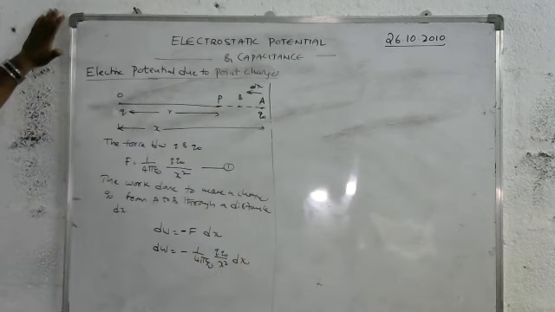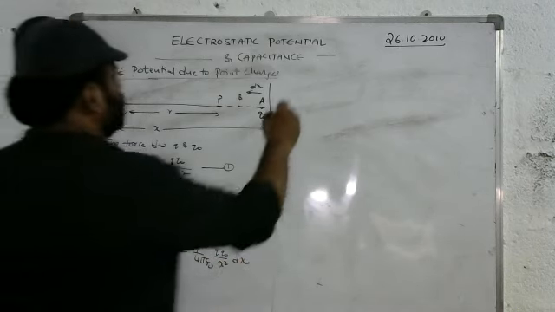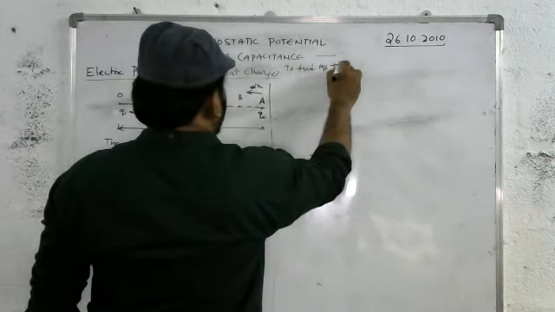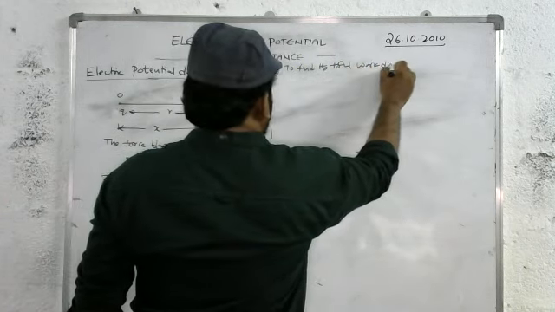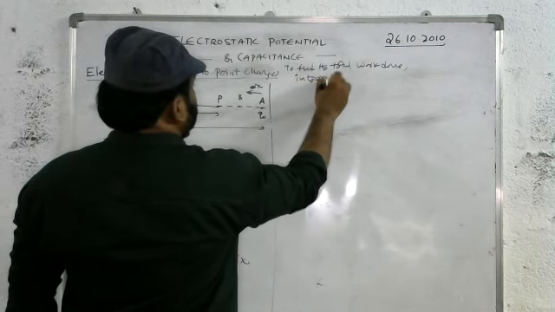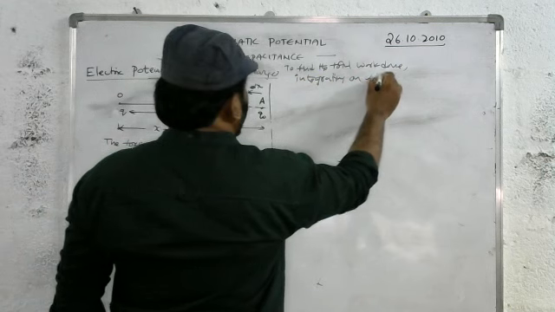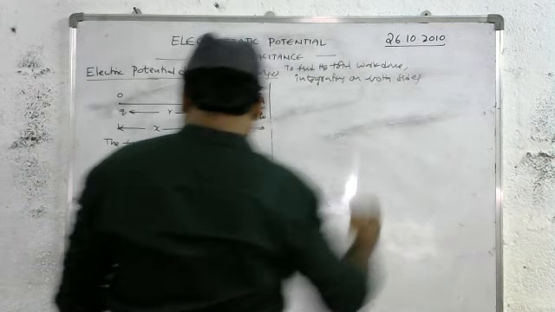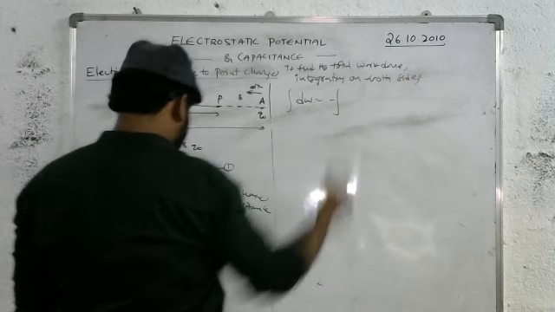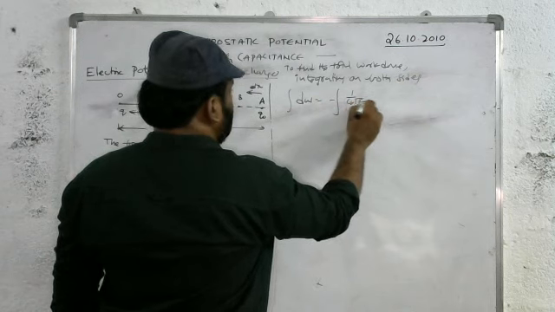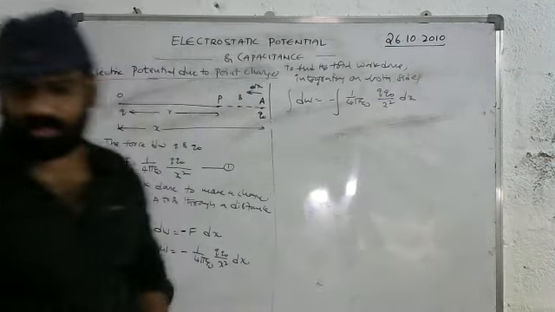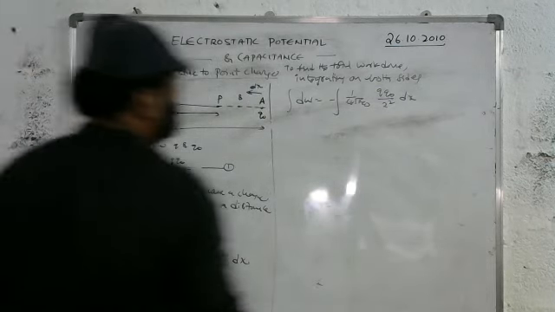To find the total work done, let us take integration on both sides. Integral dW is equal to minus of 1 by 4 pi epsilon naught Q Q naught by x square into dx.